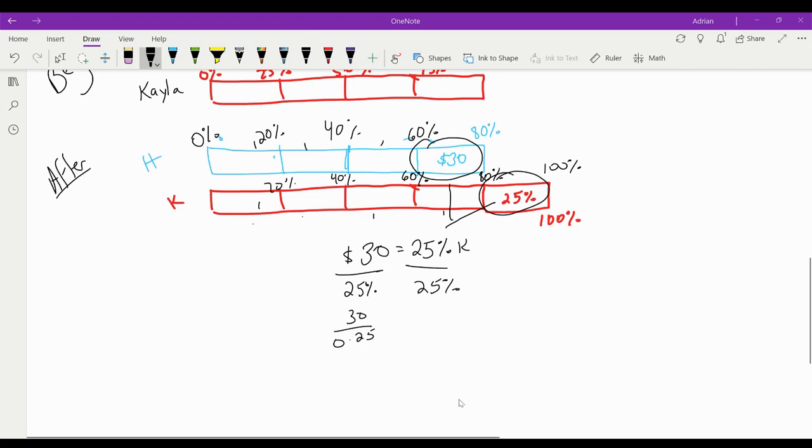So let's have my calculator here. All right. 30 divided by 0.25, 120. So I have K, because this cancels out, K is equal to, and we already said, 120.